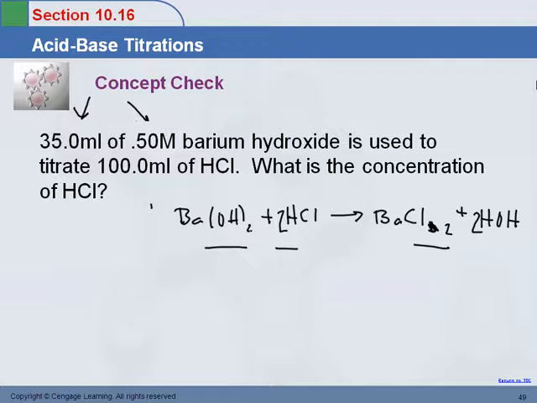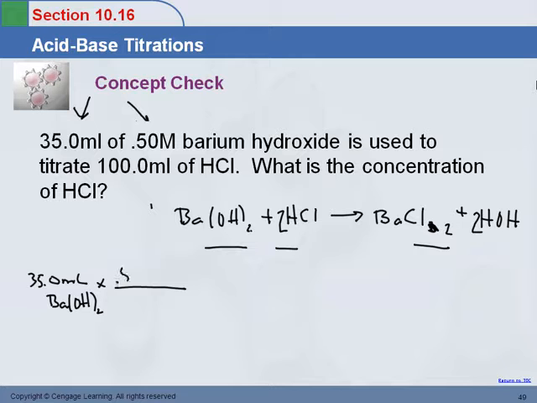And if you don't remember how to do that, I recommend you go back and brush up on that before you do this problem. So 35.0 milliliters barium hydroxide is where I'm starting. And my first step is to change that to moles using molarity.